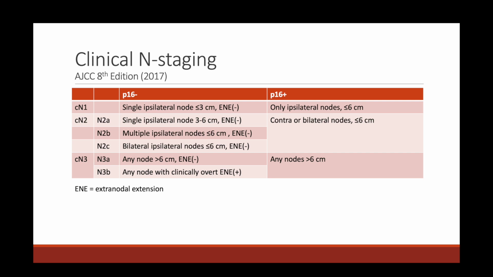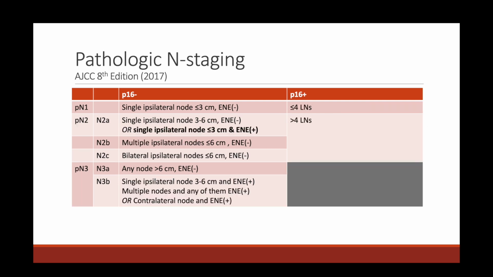And things that would be classified as an N3B for P16 negative would still be a clinical N1 for P16 positive, if there's ENE is mainly what I'm getting at. So the P16 positive clinical nodal staging is quite lax compared to the P16 negative. The pathologic nodal staging is similarly quite different and quite lax for P16 positive compared to P16 negative.